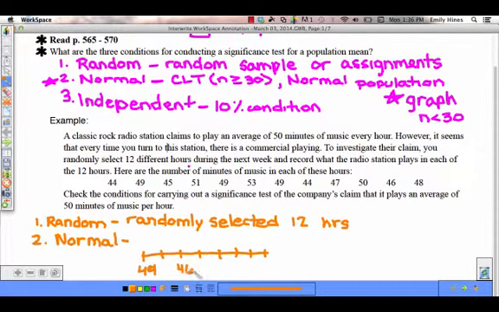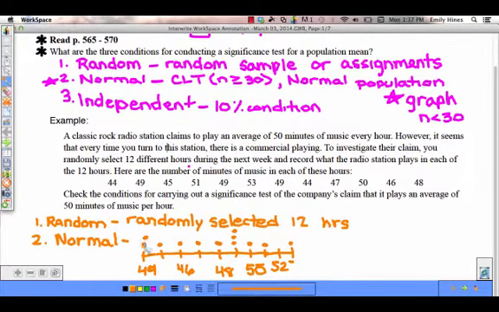44, and then I'll label it. So 44, 49, 45, 51, 49, 53, 52, 53, 49, 44, 47, 50, 46, and 48.